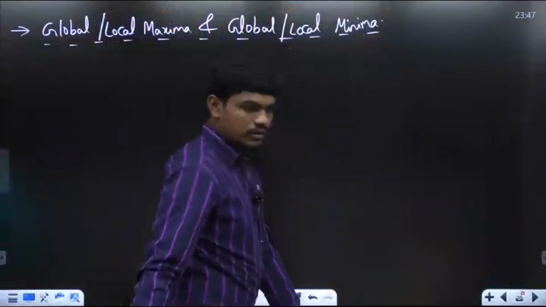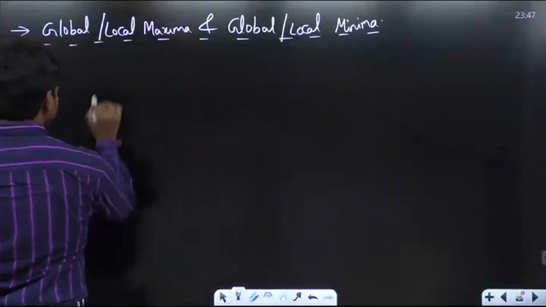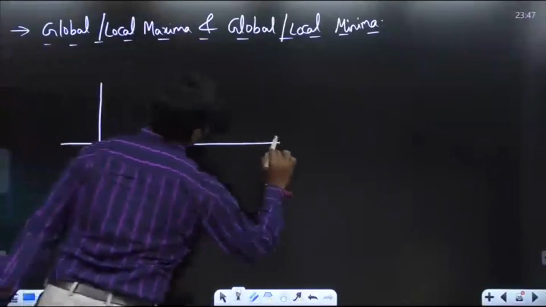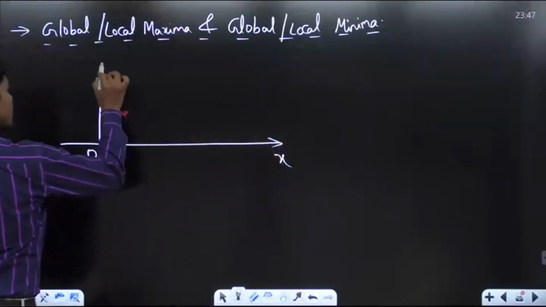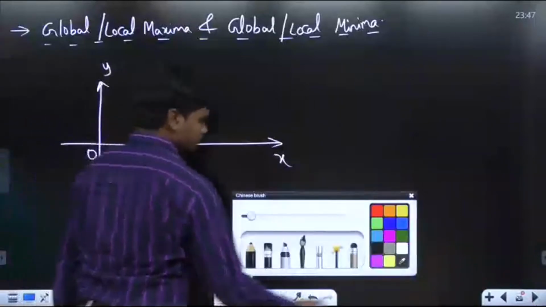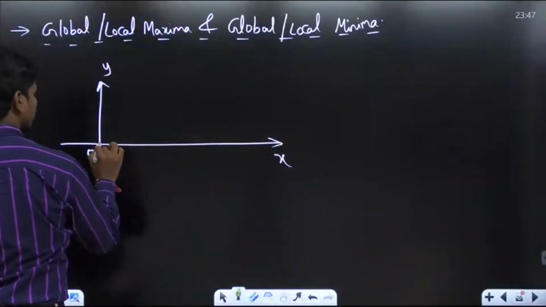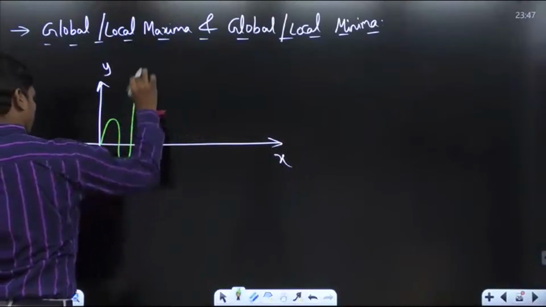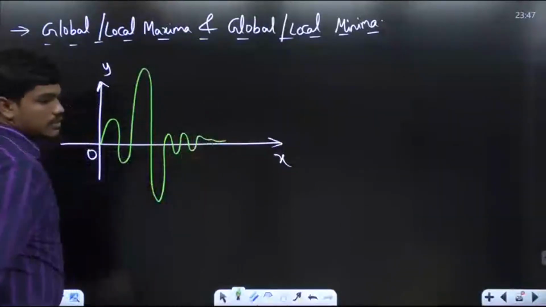There came questions, but since we have limited time, I didn't put it. Let us suppose you have some function like this, x, y. The function could be something like this, some random function.